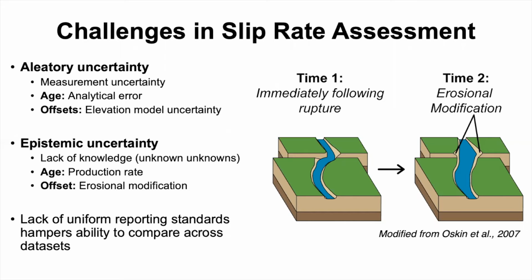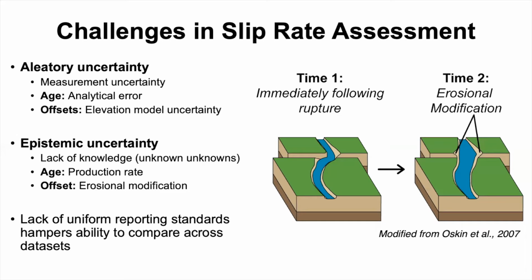Aleatory and epistemic uncertainty contributions to these measurements can increase the width of the margin of error. Examples of aleatory or measurement uncertainty include analytical error in individual measurements of surface age, or the error in elevation models used to measure offset.